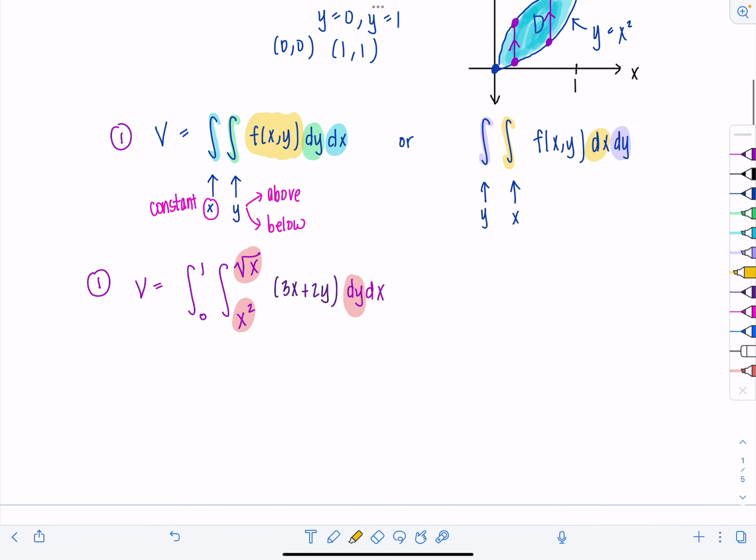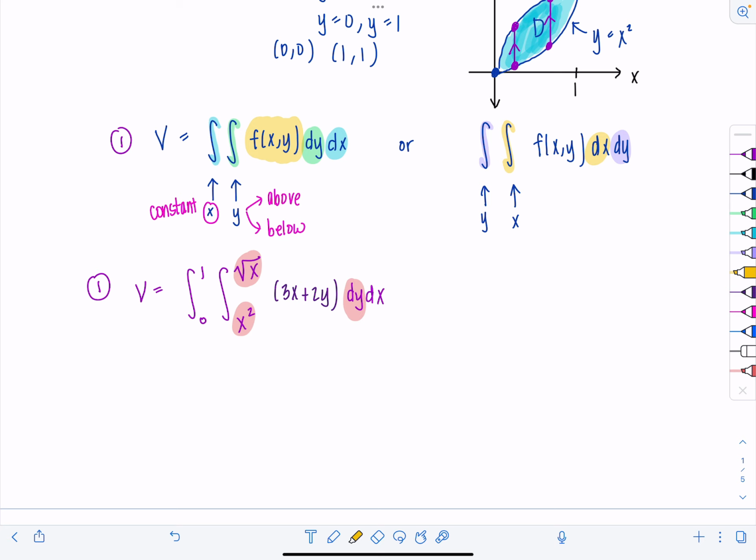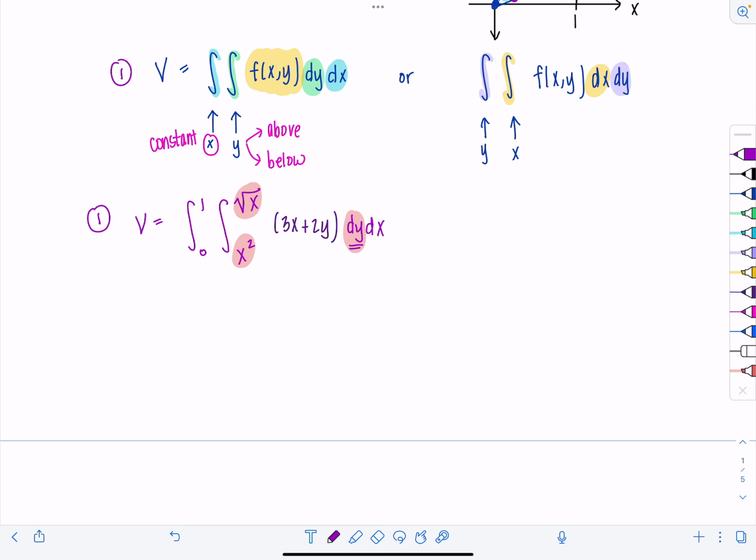Okay, so remember when you're doing an iterated integral, it's basically partial integration, right? You hold one variable constant at a time. So first I'm going to integrate with respect to y. That means I'm treating x as a constant, all right? Rewrite everything each step of the way. Don't be sloppy. So we've got 0 to 1. I'm treating x as a constant.